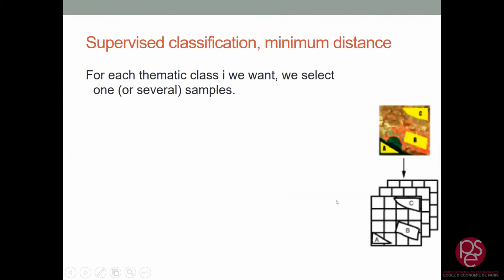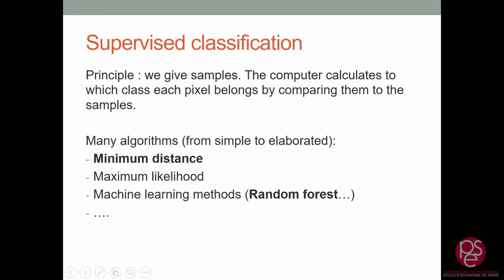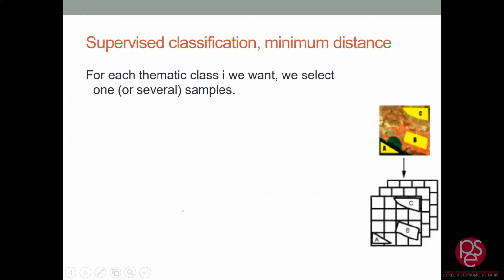So here I start with a simple minimum distance method. For each class, we have to provide one or several samples. So here we have positioned some samples over the image. So first, how to find these samples?